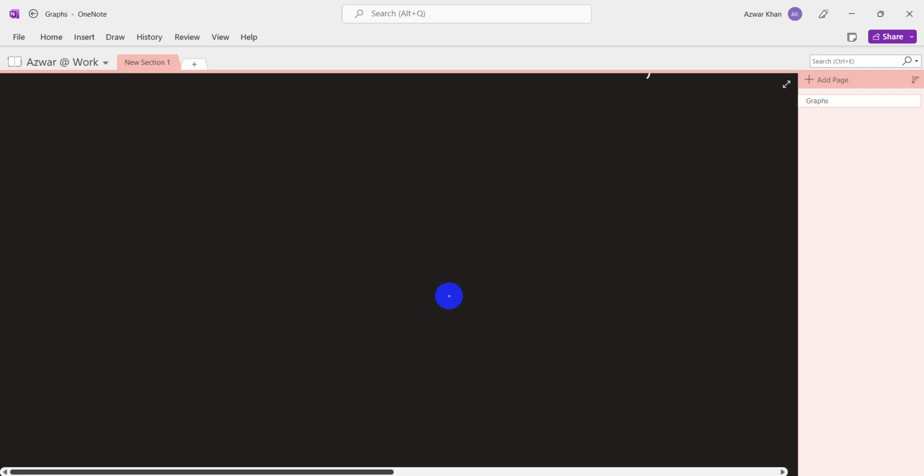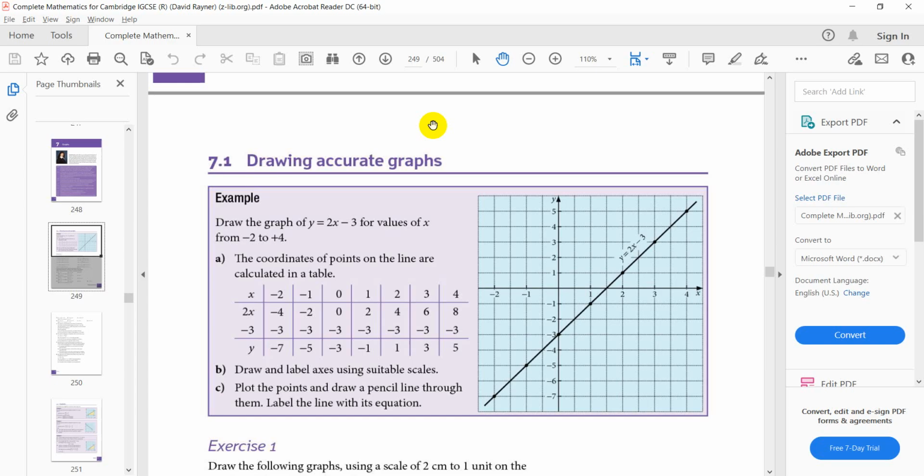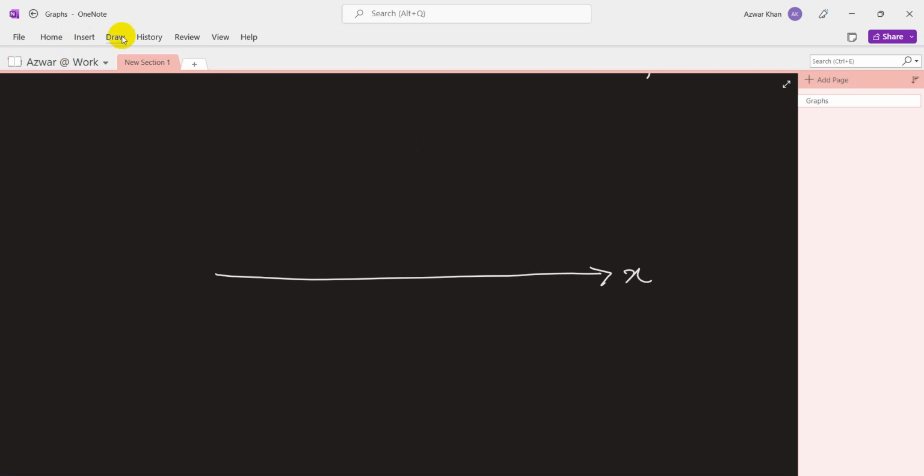So accordingly, if I draw here, this is my x-axis. This goes up to -7, so I will draw this a little bit above.